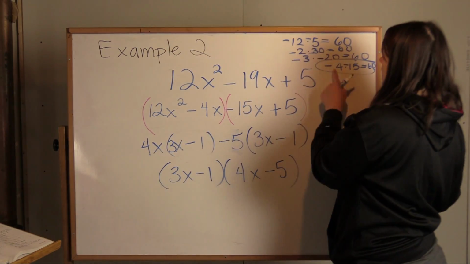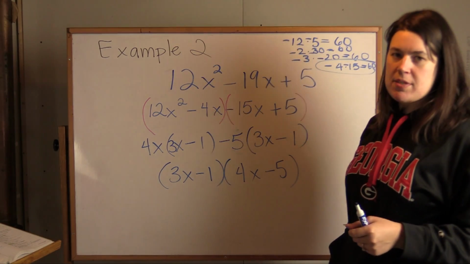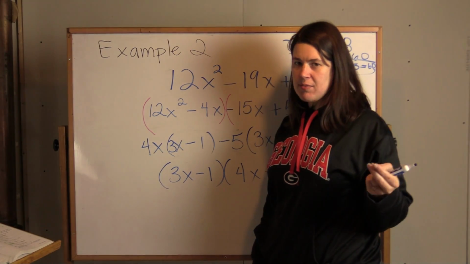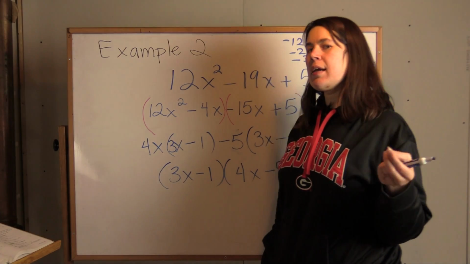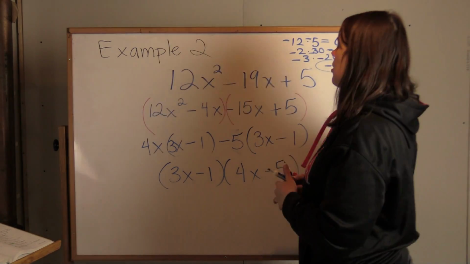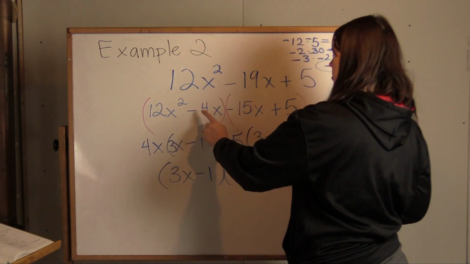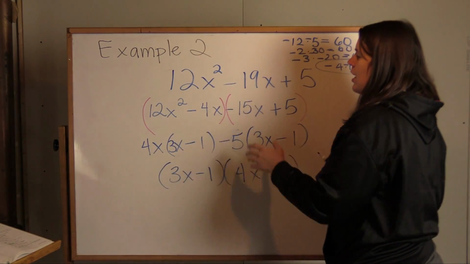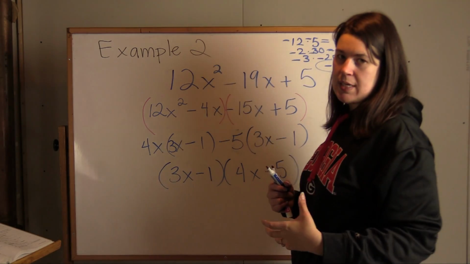So I went through all of these until I got to negative 4 and negative 15. Negative 4 times negative 15 is positive 60. Negative 4 plus negative 15 is negative 19. So I rewrote it: 12x squared minus 4x minus 15x plus 5, and then I grouped them into the first 2 and the second 2.